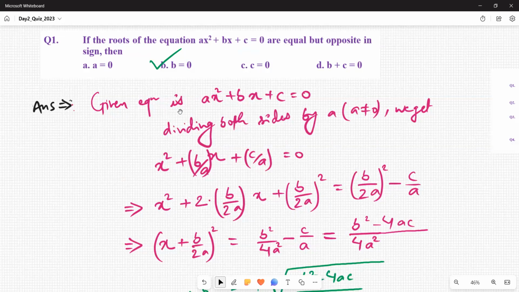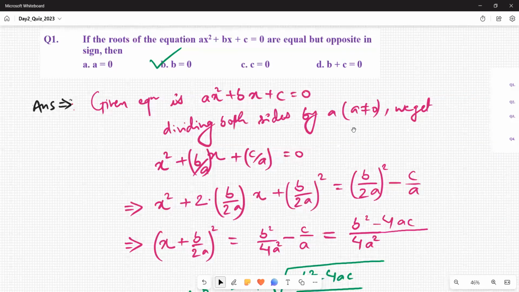So given equation ax square plus bx plus c equal to 0. What I will do is divide both sides by a. When can I divide it by a? Only when a is not 0. If a is 0, we cannot divide, because in mathematics division by 0 is not permitted, right?